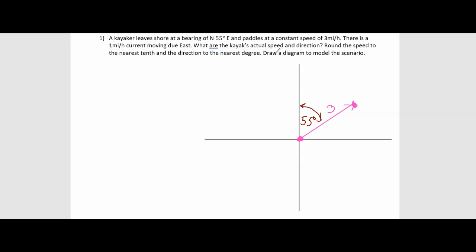The next vector is the 1 mile an hour current moving due east. So that is strictly a vector. We'll do this one in blue. I start my initial point where the terminal point of my first vector was, and again, that's going east.